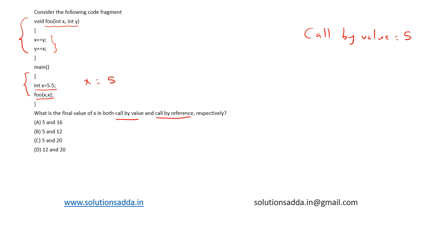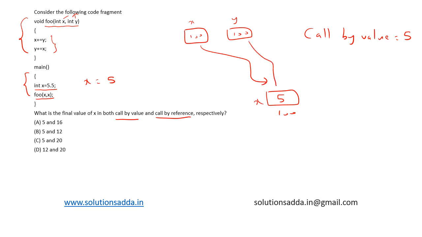In call by reference, the reference to the original memory location is passed. So suppose initially x is at memory address 100, the value is 5. To these integer pointer variables x and y, we are passing this reference. So x will be having value 100, y will be also having the value 100. This is a reference to this value.